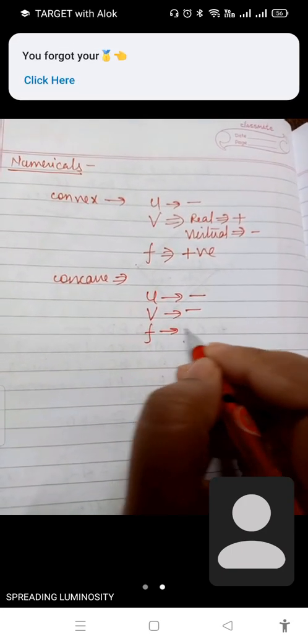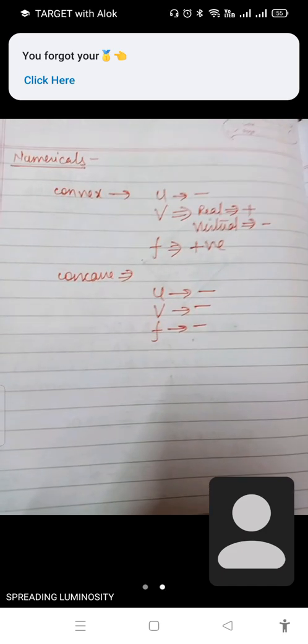In concave, U is always negative. V is always negative because it always forms a virtual image. So the focal length will also be negative. Is it clear? Only these signs you have to keep in mind for solving your numericals.